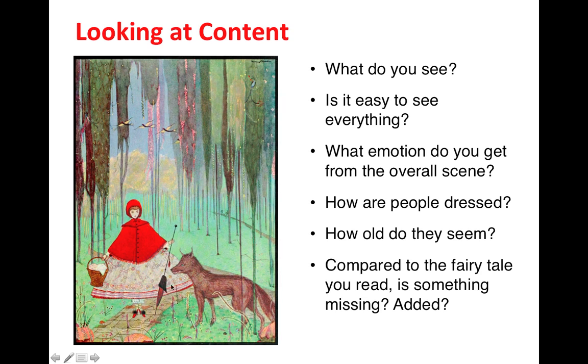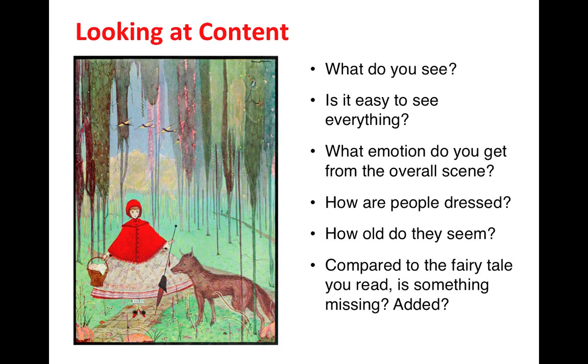It's almost like her body has a tent around it, or armor. She's got her basket. She's got apparently an umbrella. There are these weird trees and some birds. How old does she seem? Does this content reflect what you see in the fairy tale versions you have read?